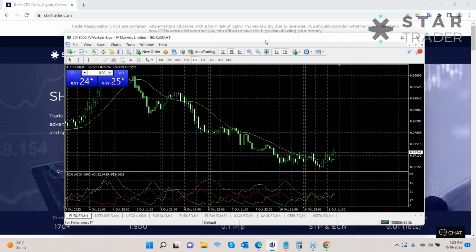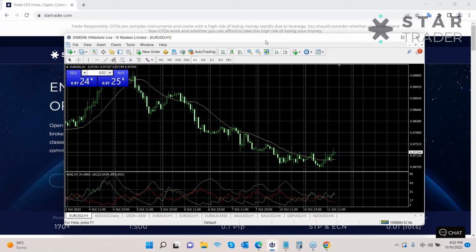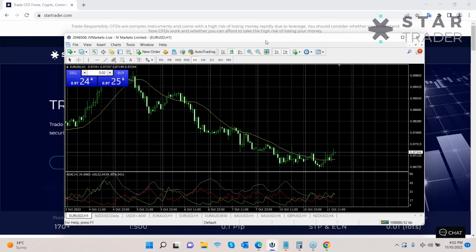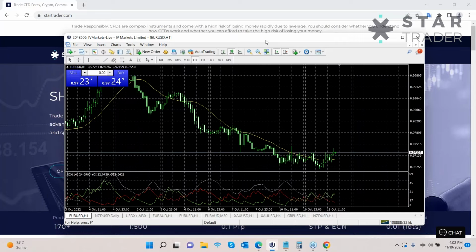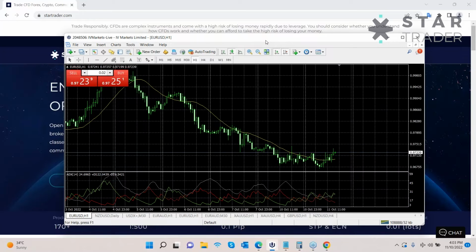So this is the MT4 MetaTrader 4, as we have already discussed in our previous session about the basics. When you start trading, you have to think about how to analyze the market, how to study the market. It is very important.